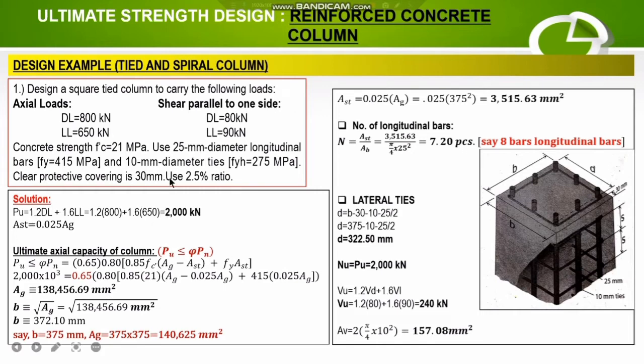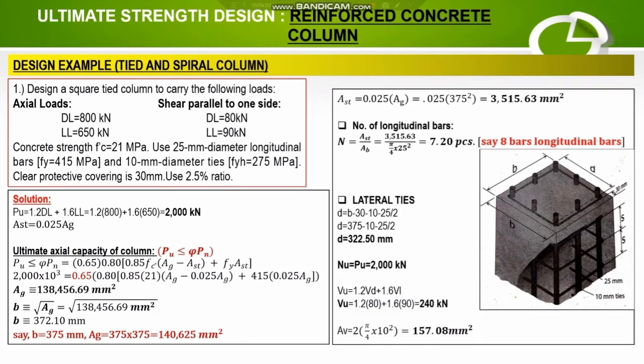Then from the problem, my steel reinforcement area is equal to 2.5%, so AST is equal to 0.025 of Ag, or 2.5% of the gross area of the column. For the ultimate axial capacity of the column, the same condition applies: P sub U is less than or equal to phi P sub n.